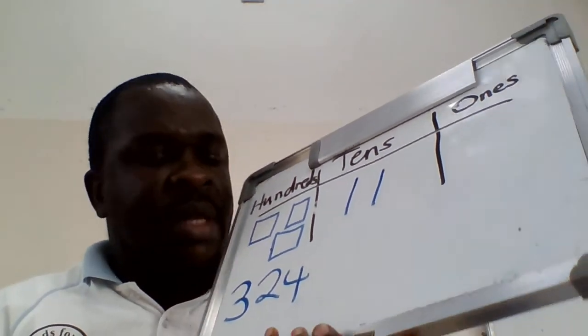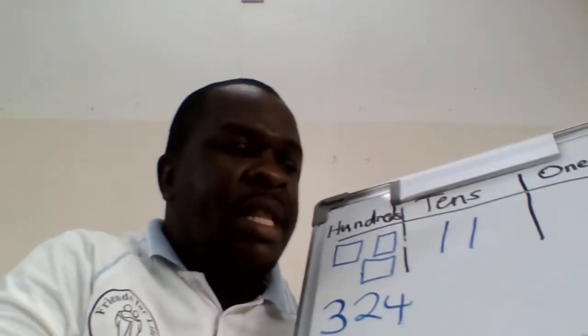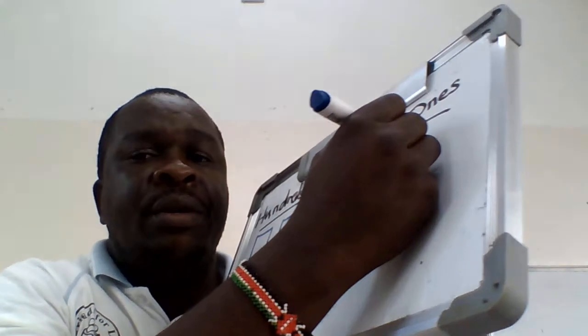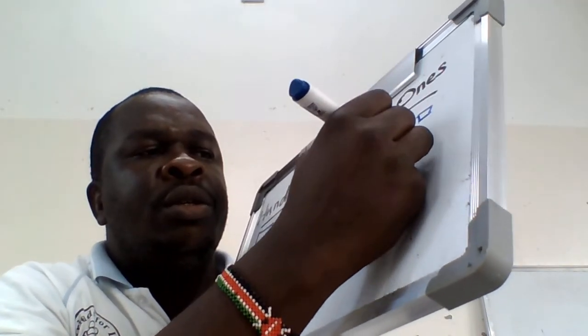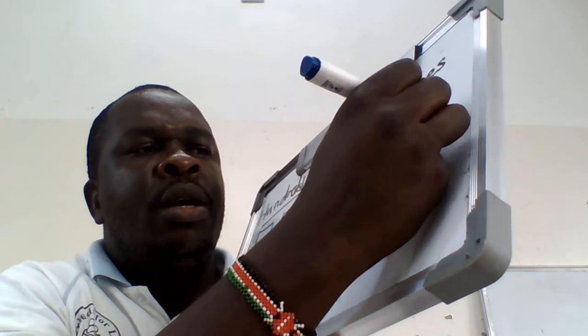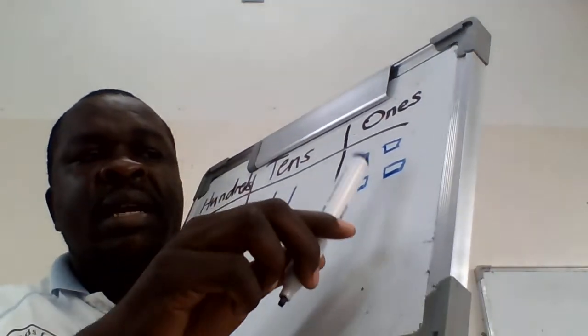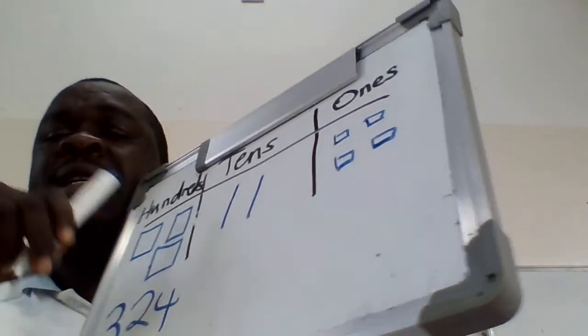And in the ones place value, I put there small cubes. How many of them? 4. I put 4 of them. Therefore, I go 1, 2, 3, 4. You need to realize that the cubes for 1 are smaller than this one for 100.